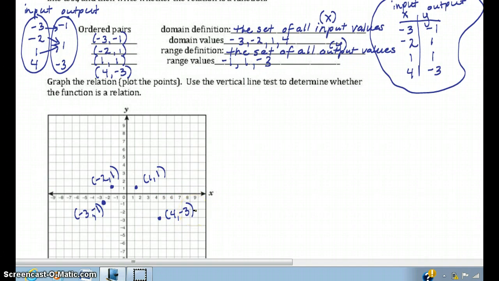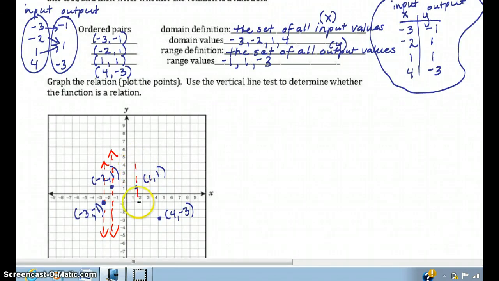Now, we're going to go ahead and do our vertical line test. I'll use a different color here. So for the first point, -3, -1 is the only point on that vertical line. So far it is passing the vertical line test. On the second vertical line, the only point on that is -2, 1. So far this is still a function because it's passing the vertical line test.